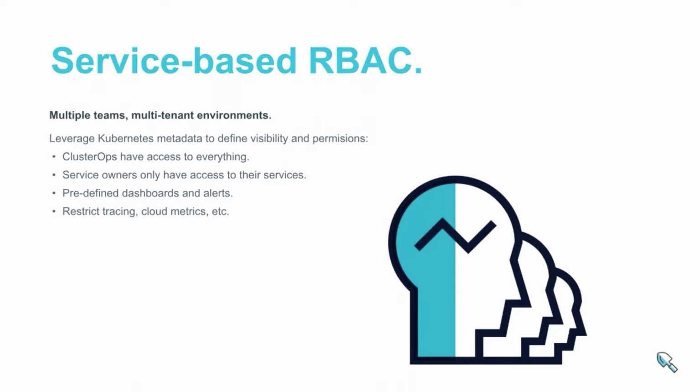So imagine you want to give access to the entire system to your platform administrators, your cluster ops people, but then you have service owners that just manage one application, and you want to give them access only to the metrics that they care about. You can actually create predefined dashboards and alerts for them, restrict which functionality they have access to, like things can get very deep.